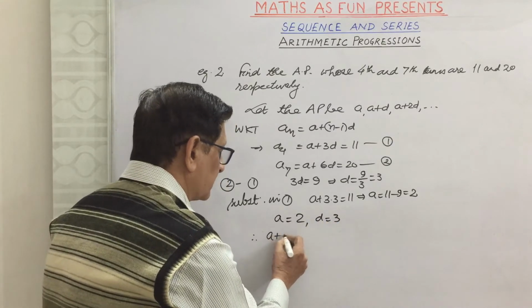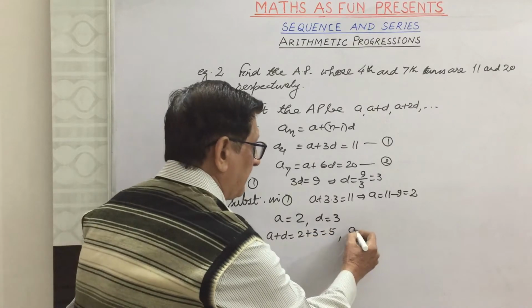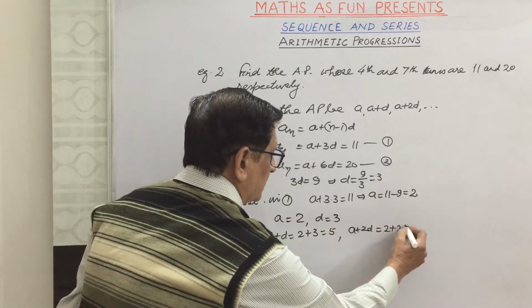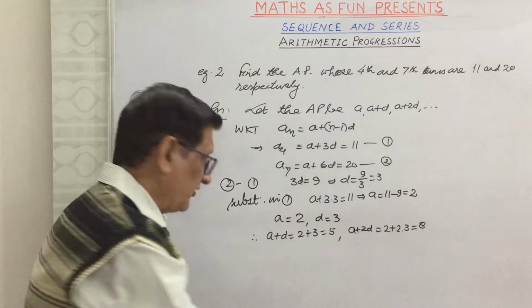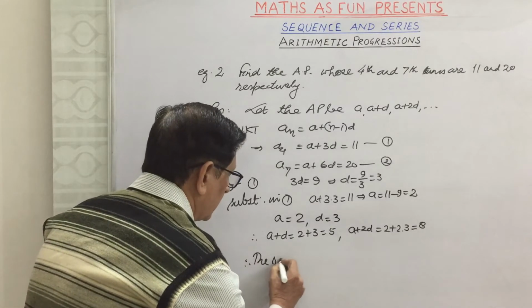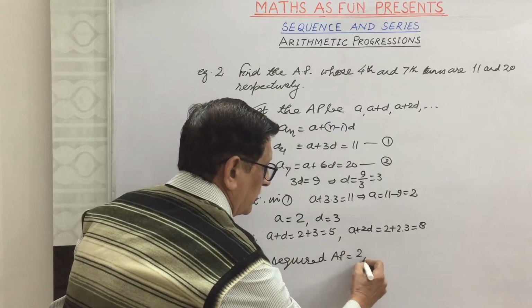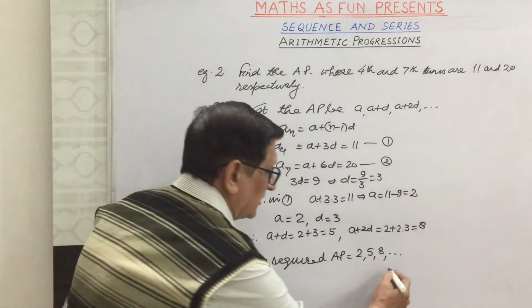Therefore, A plus D will be 2 plus 3, that is 5. A plus 2D will be equal to 2 plus 2 into 3, that is equal to 8. Therefore, the required AP is 2, 5, 8 and so on, and this is the answer.